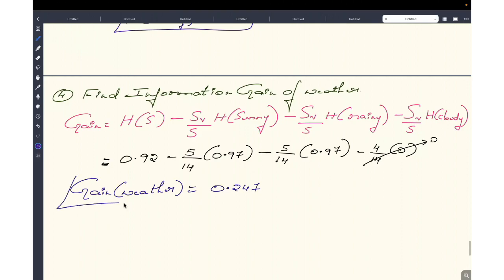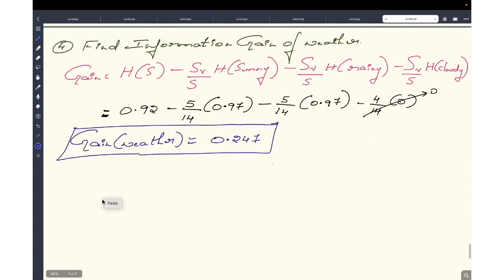This is the information gain of weather. Clear? Understood? Yes. Great. You want to try for 2 more columns?